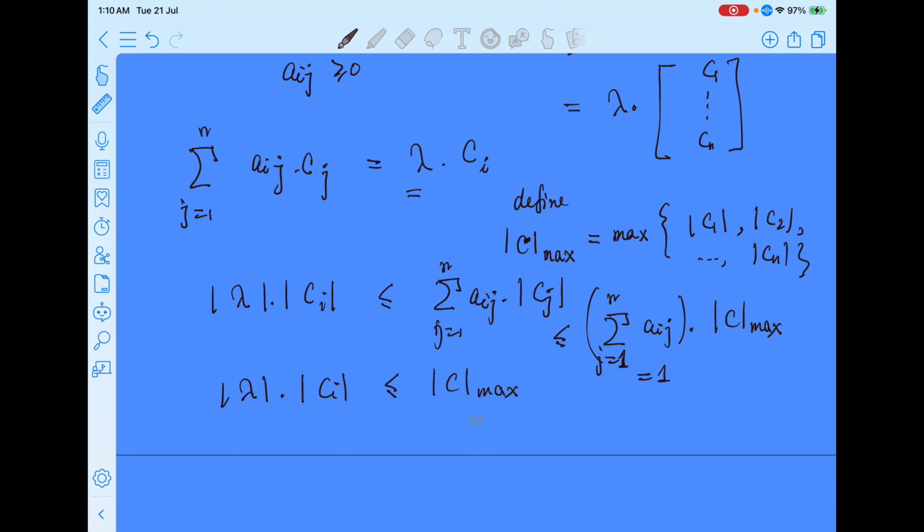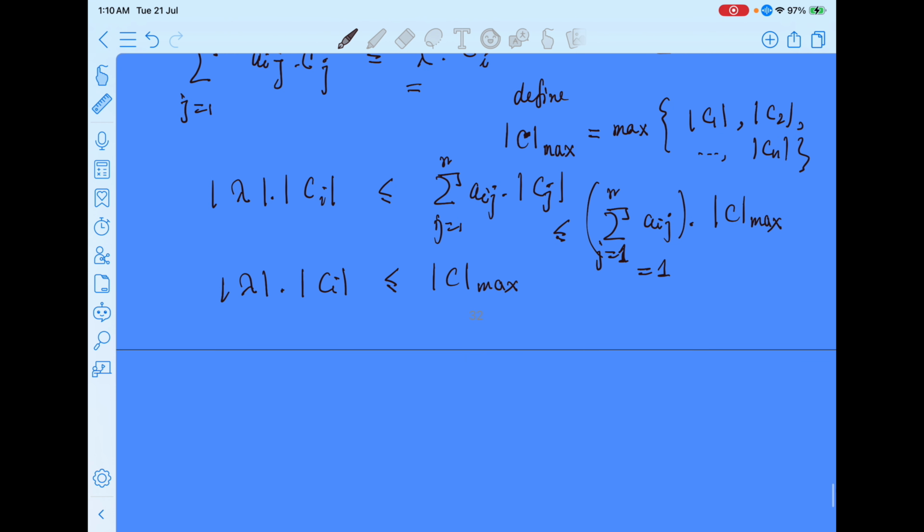Now we know this maximum, mod c max, equals mod ck for some k between 1 and n.